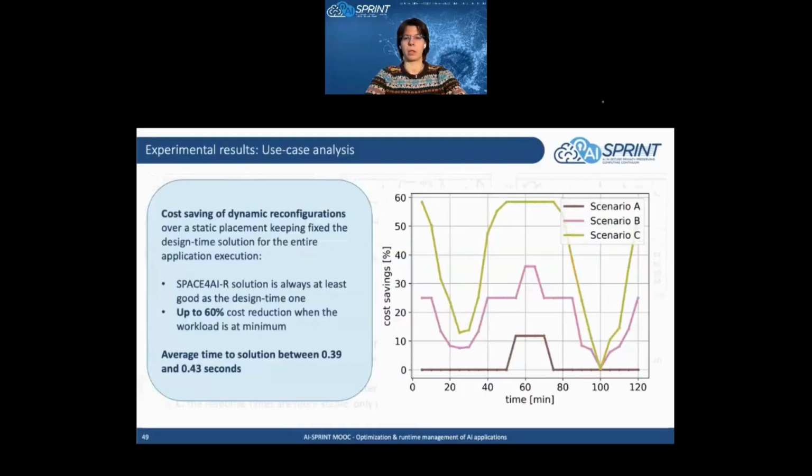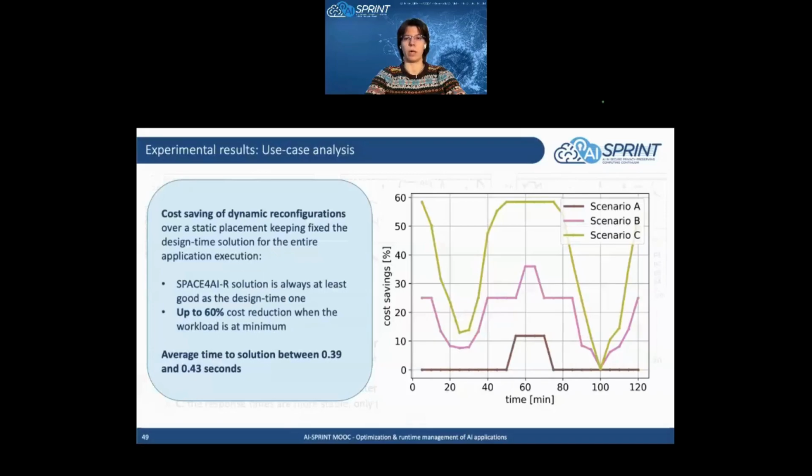We compare the costs achieved by SPACE4AI-R with the cost of a static placement where the design time solution is kept fixed throughout the application execution. As we can see from the plot, the cost saving induced by the dynamic reconfiguration is always non-negative, meaning that SPACE4AI-R always manages to find a solution at least as good as the design time one.